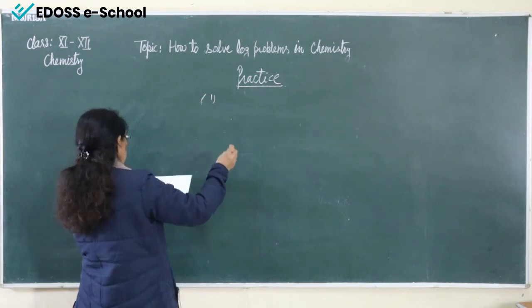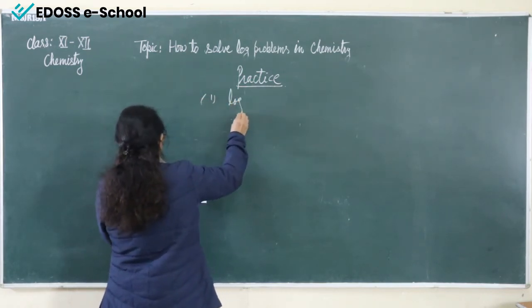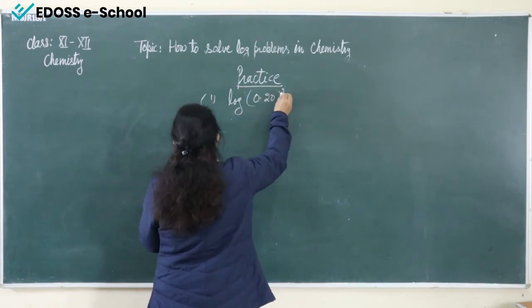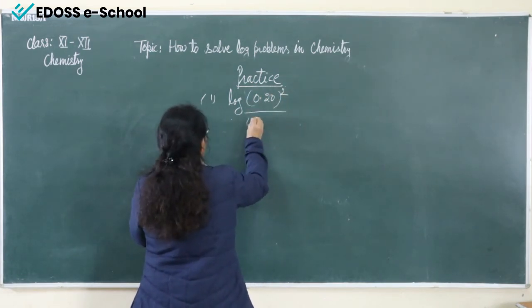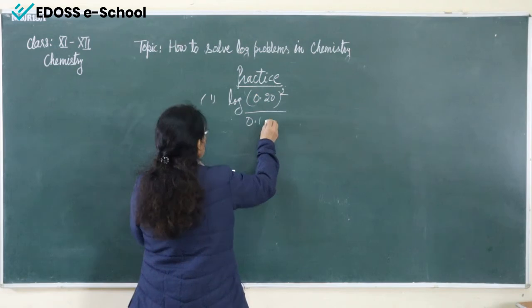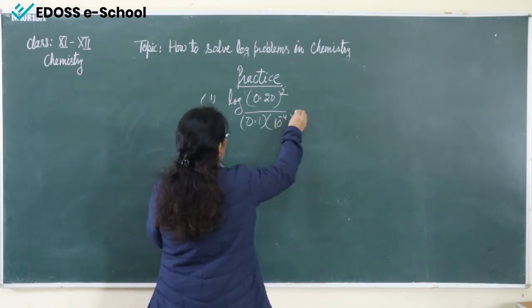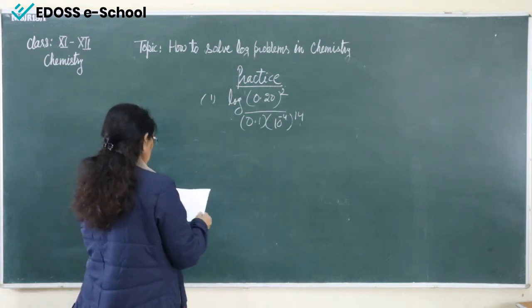So this is the first practice question, log 0.20 whole square upon 0.1 into 10 raised to power minus 4. Okay.